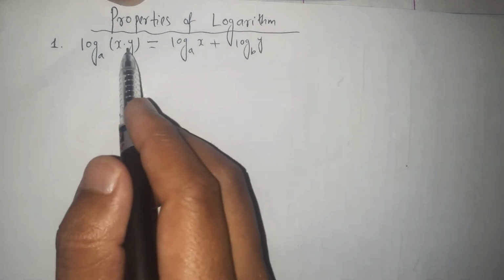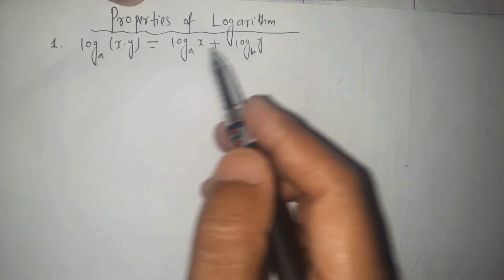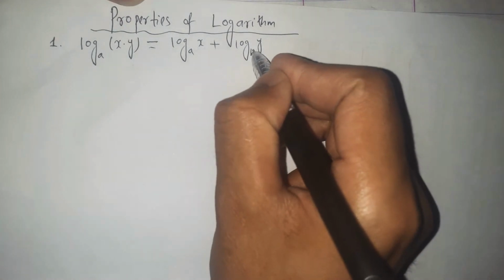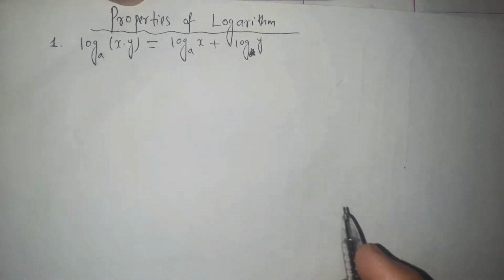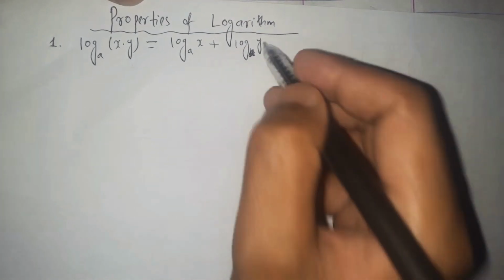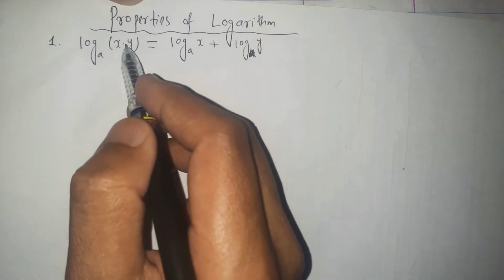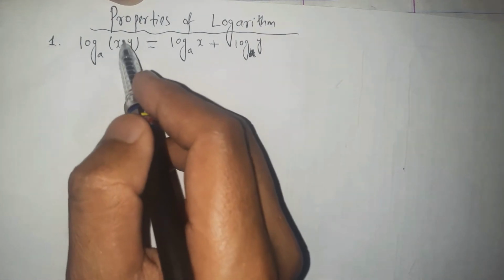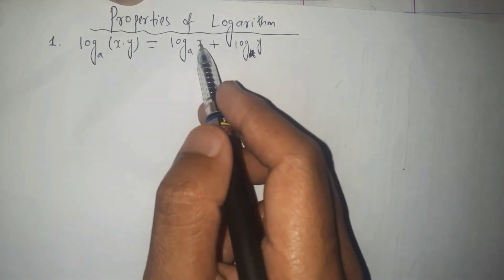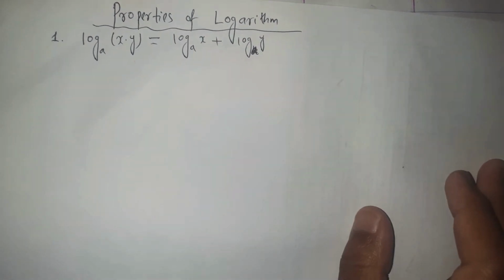Log of x times y with base a is equal to log of x with base a plus log of y with base a. The log of the product of two numbers is equal to the sum of the logs of the individual numbers with the same base.